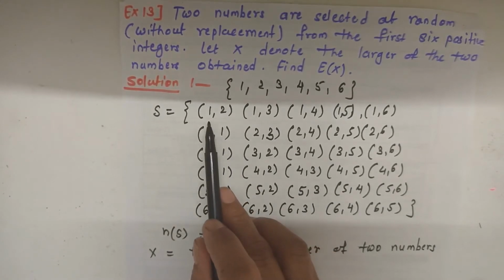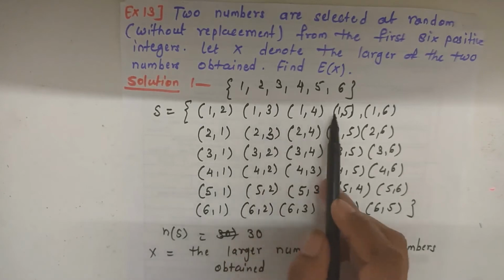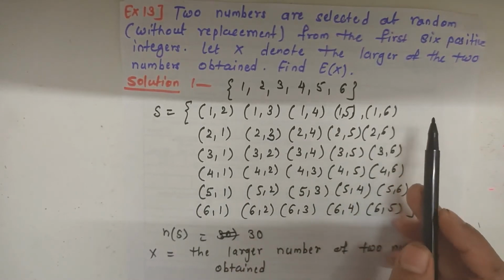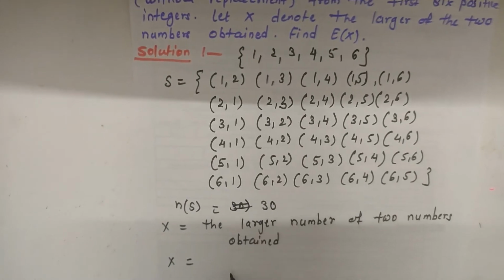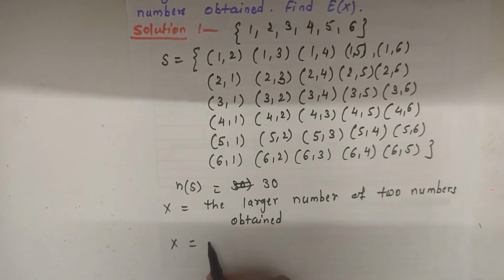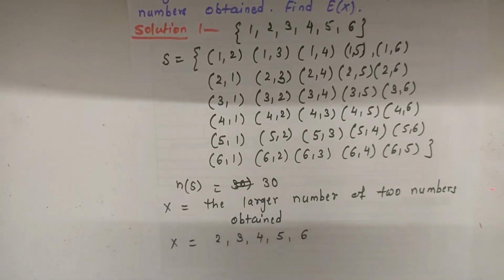One should not get 1 as the larger number. Only 2, 3, 4, 5 and 6 can be the larger number.